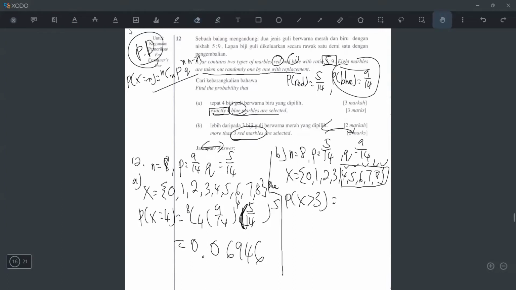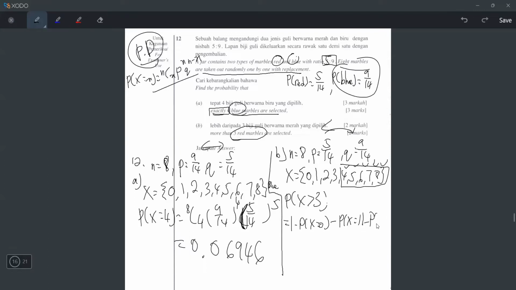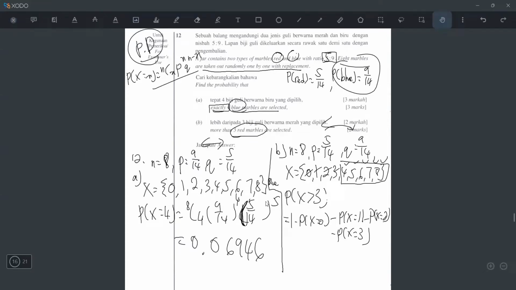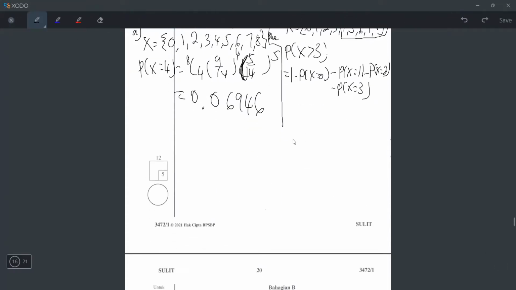So I will take 1 minus P(X=0), P(X=1), P(X=2), P(X=3). So many, so lazy. So 1 minus this one minus this one, because if you take 1 minus 0, 1, 2, 3, then you get the rest, the balance. Okay, so let's go.